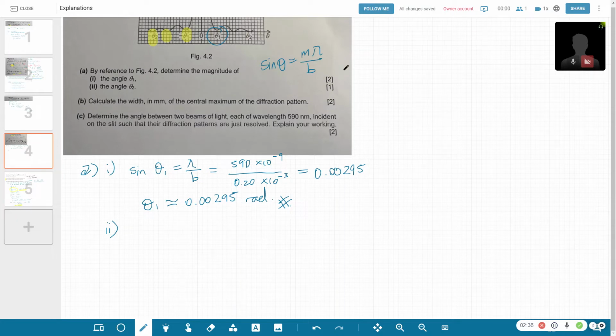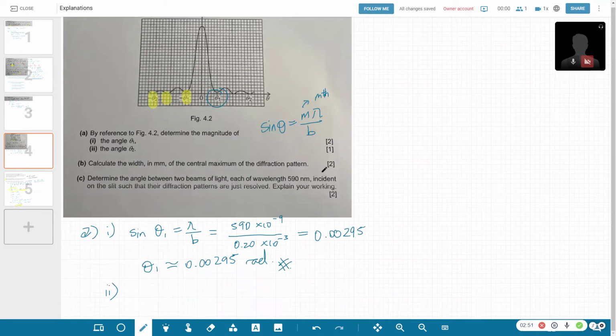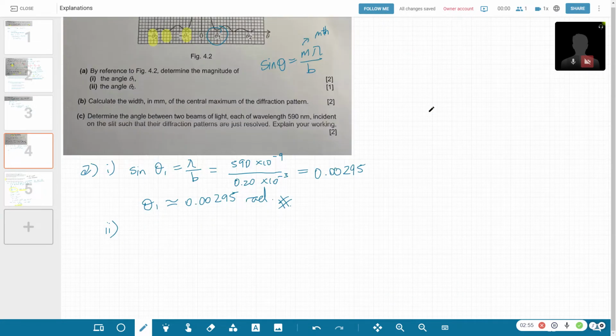Overseas, yes, but not in the Singapore one for now. m is the mth order minima. Usually we use m equals 1, but for this question, they will probably need you to use this. Most likely it does not come from any prelim papers, maybe an overseas paper.